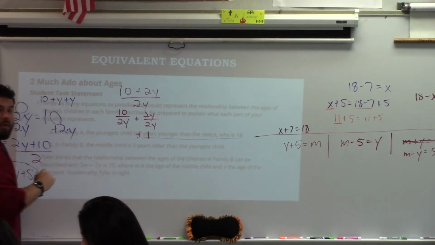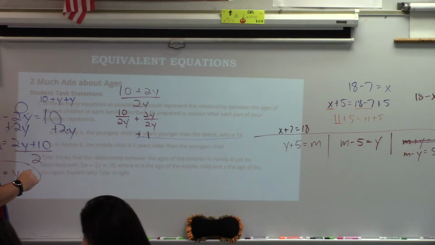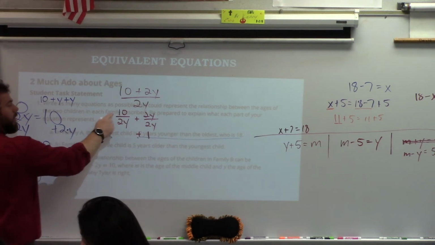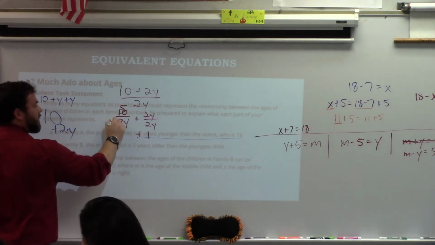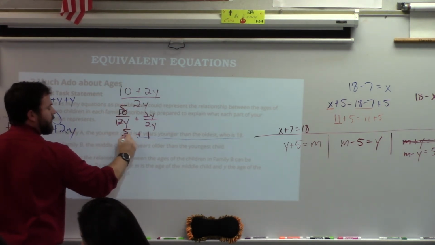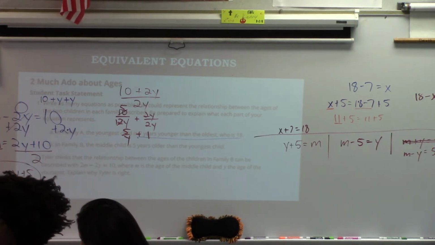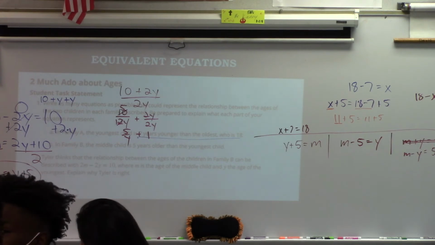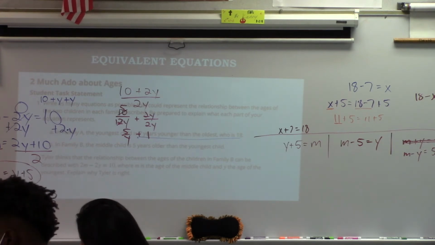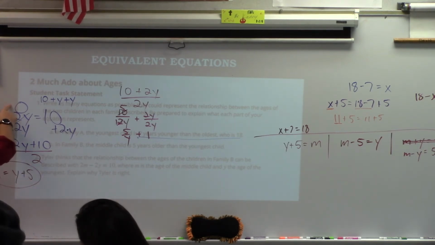That'd be a 1. Now you can simplify this, but notice you'd be left with 5 divided by y. The only way you can ever completely get rid of a variable like that is when you subtract, because you're going to create that 0.